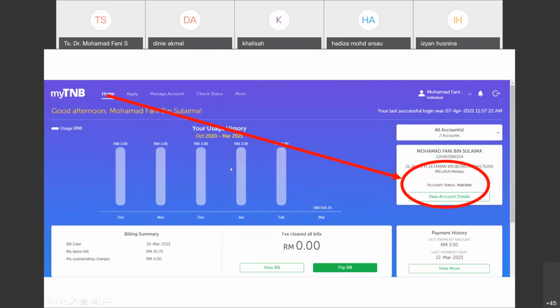For those who are able to access MyTNB, you can click here, view account detail. When you want to approach your locality or your neighbor, and they allow you to use their MyTNB, just access the account and click view account detail.